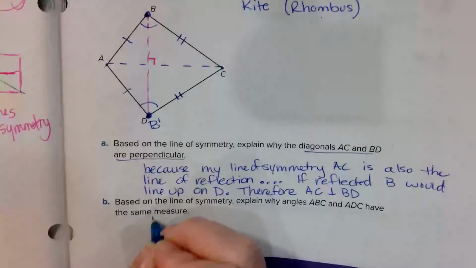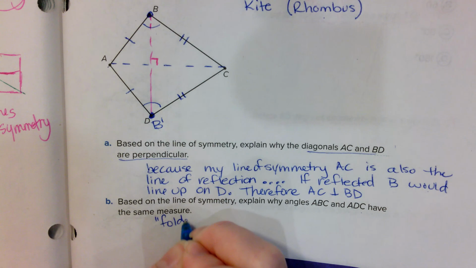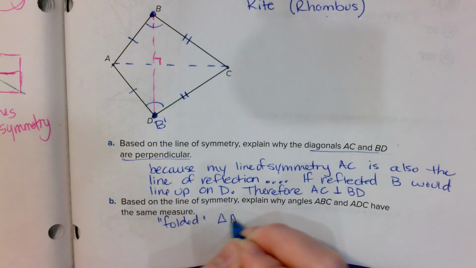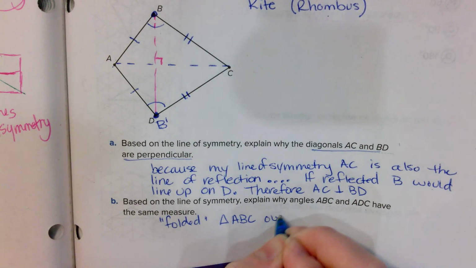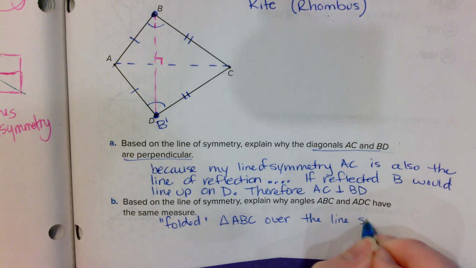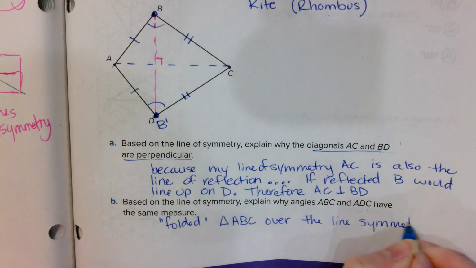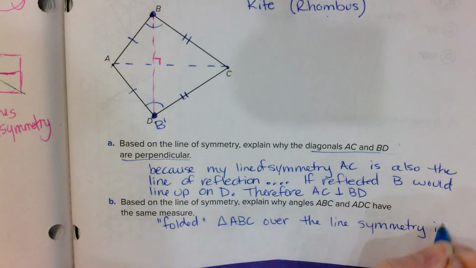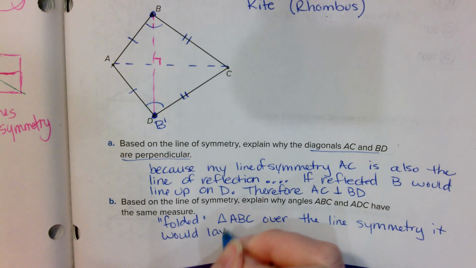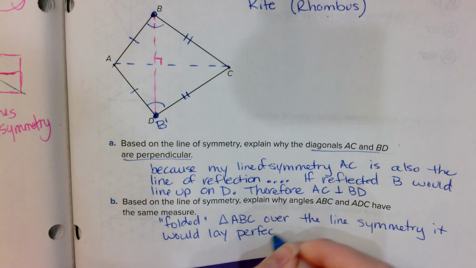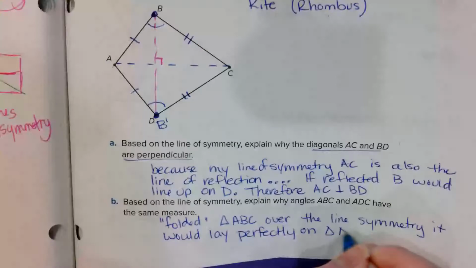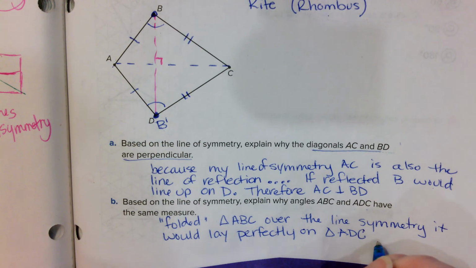Well, if I folded triangle ABC over the line of symmetry, it would lay perfectly on triangle ADC.